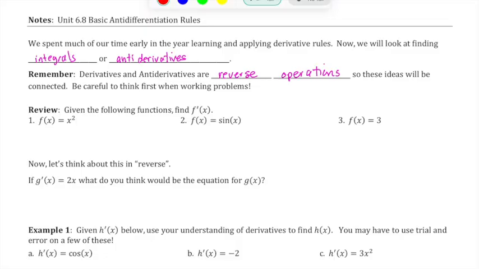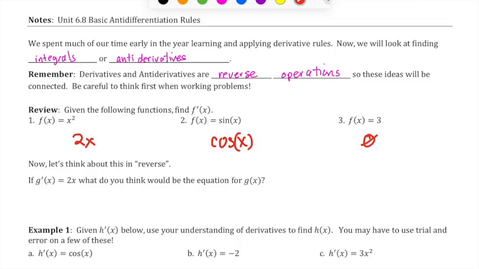Remember that derivatives and antiderivatives are reverse operations. So we're basically doing the backwards of the derivative rules we've learned in the previous unit. For example, if we're trying to find the derivative here, given the function, we know that this is going to be 2x. The derivative of sine is cosine, and the derivative of 3 is 0.